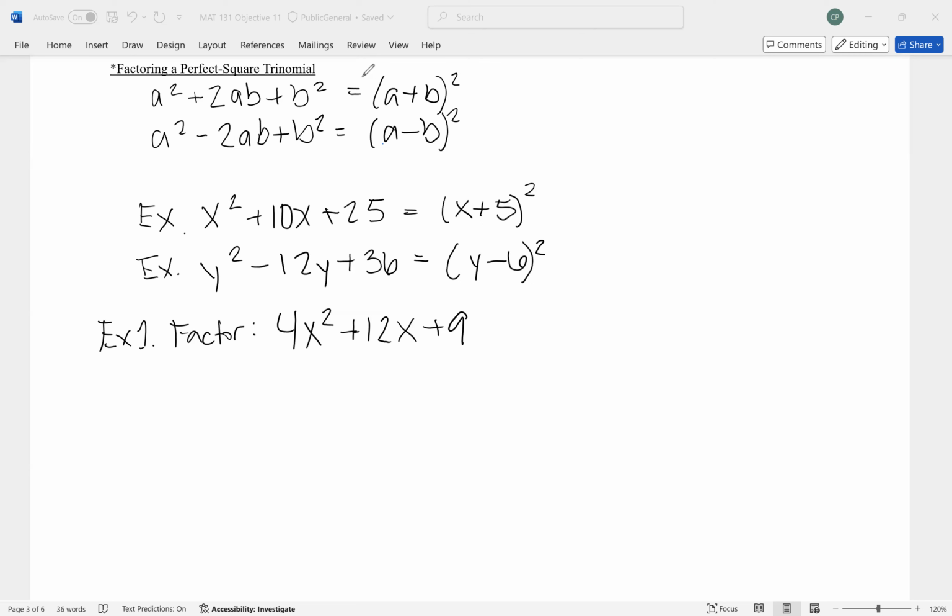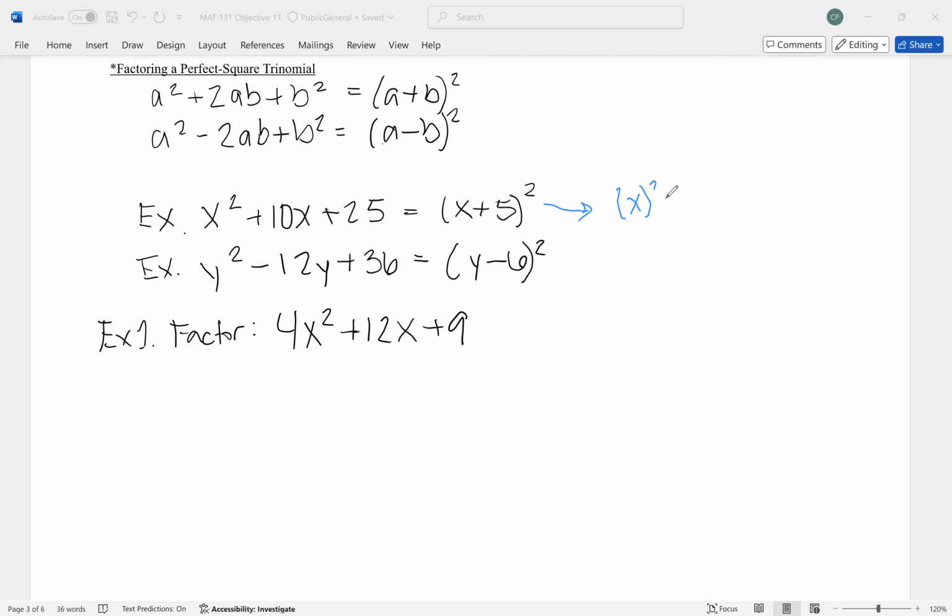So if we look at these two examples, if we had x squared plus 10x plus 25, we could break that up to be (x plus 5) squared. The same with y squared minus 12y plus 36. We can break that up to be (y minus 6) squared, okay? And the way we would do this, I'll take this one right here.